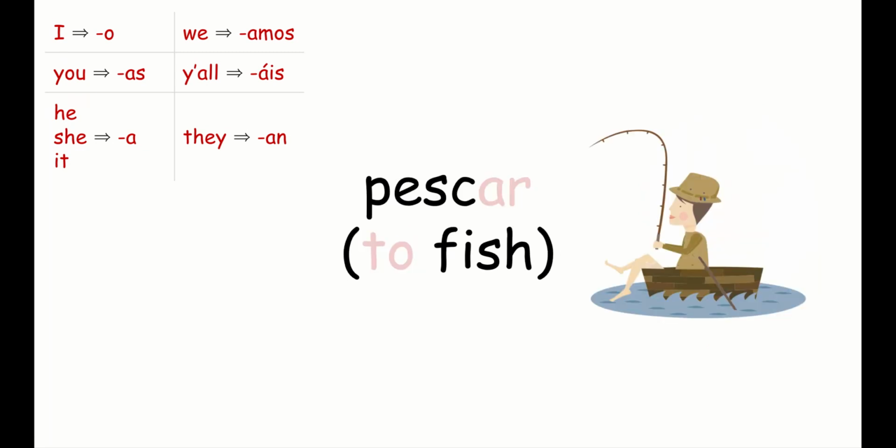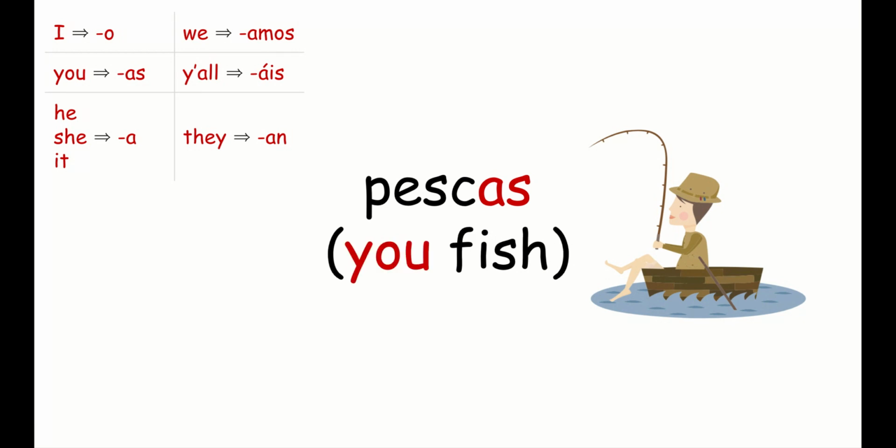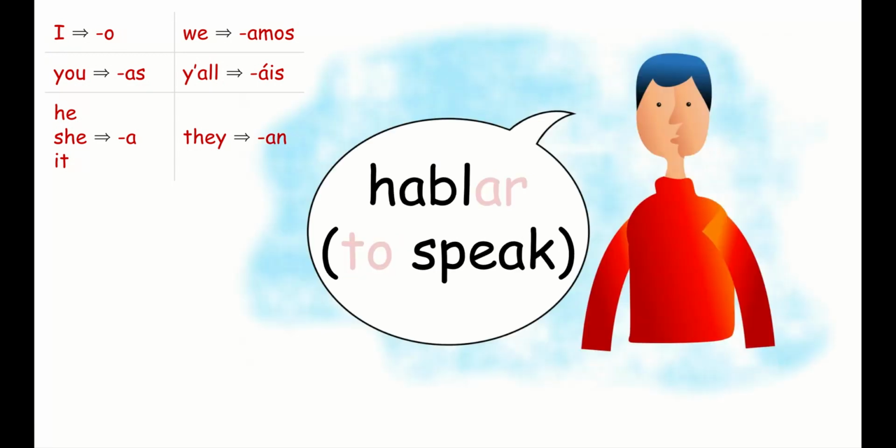Pescar means to fish. So if we say pescas, if you look up at the chart, you can see as is the ending for you. So we're going to replace the word to with you. So we can say pescas means you fish. This is my last example here. Hablar means to speak.